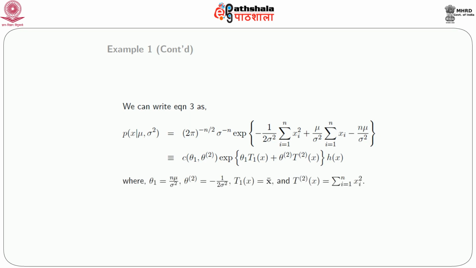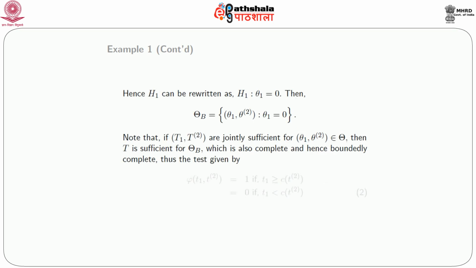Now the joint PDF of X1, X2, ..., Xn can be written in the form of a two-parameter exponential family. This is the form C(theta1, theta2) times exponential of theta1 T1 plus theta2 T2, times h(x), by proper choice of theta1, T1, theta2, etc. Hence H can be written as H: theta1 equal to 0, then Theta_B equals the set of all (theta1, theta2) with theta1 equal to 0.